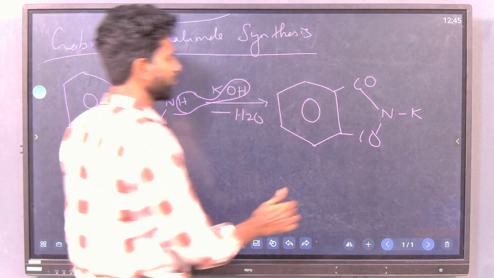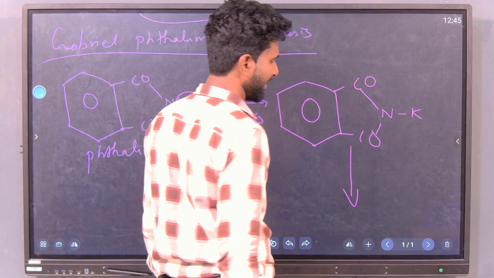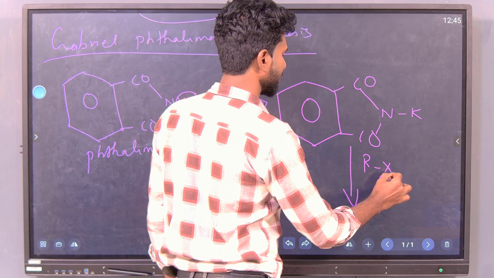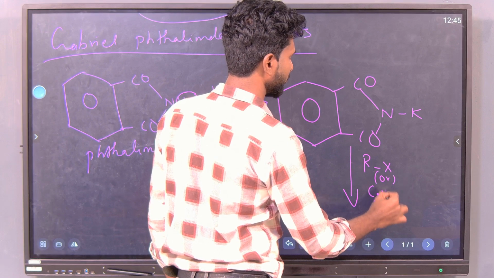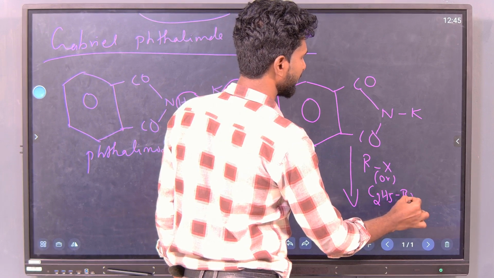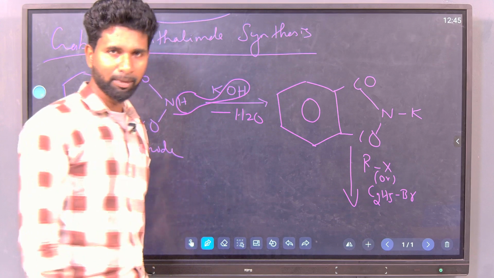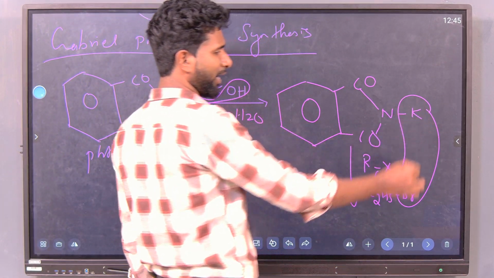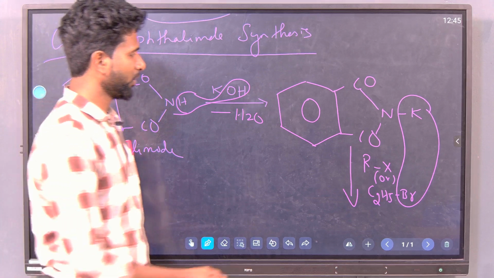Further, we have to add one alkyl halide, that is RX. Otherwise, we take specifically ethyl halide, C2H5Br, ethyl bromide. What will happen? This potassium and bromine combine to give KBr and are replaced.